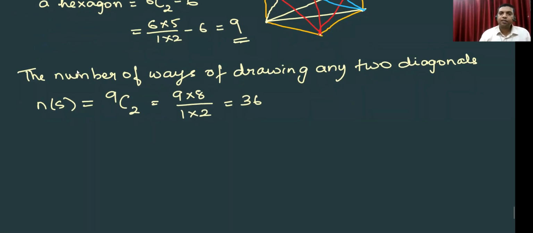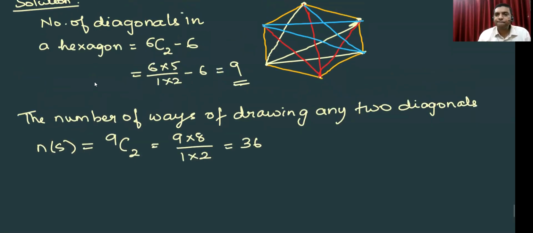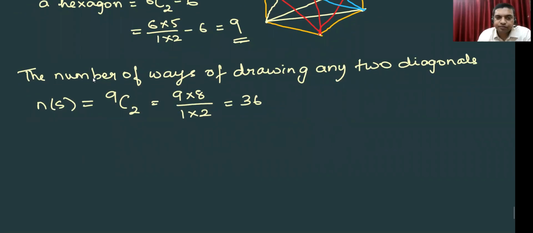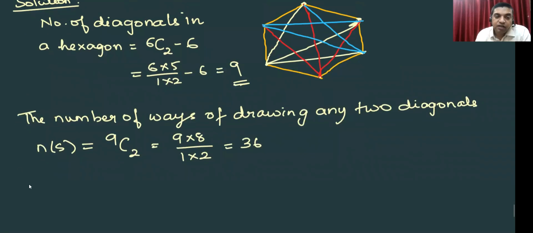Next. Now the number of ways in which we select two diagonals which will intersect inside. So what we should not select is from these two yellows.